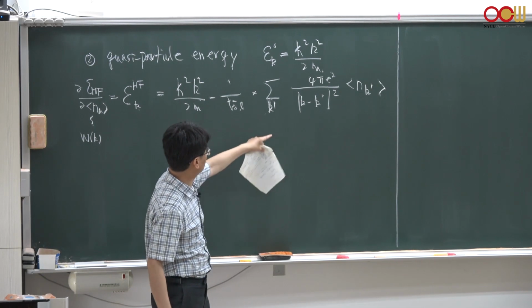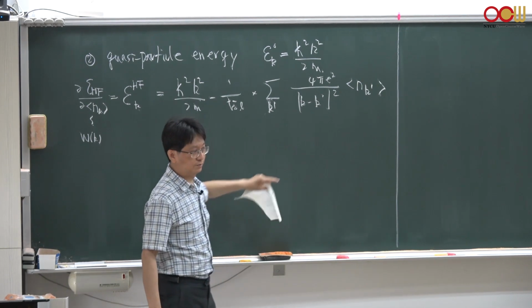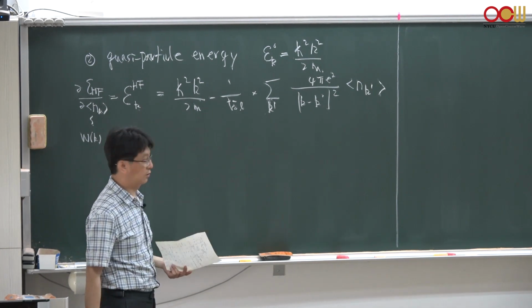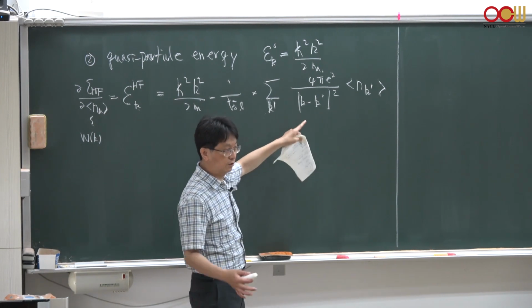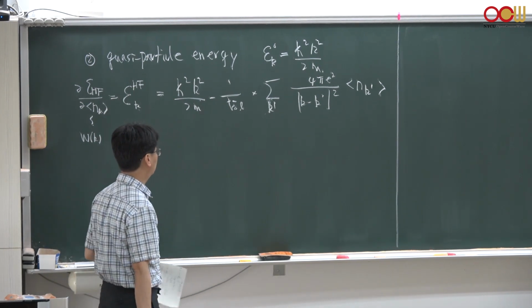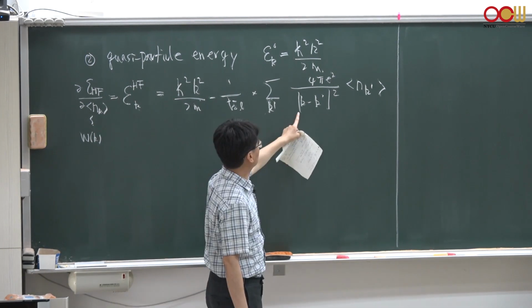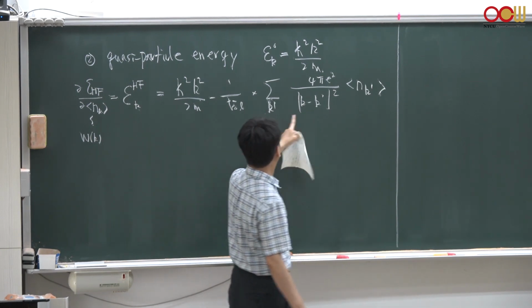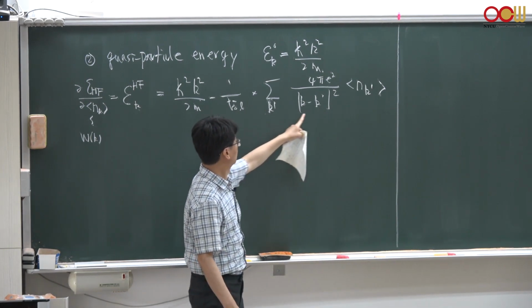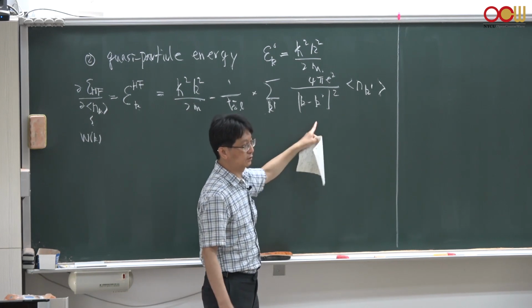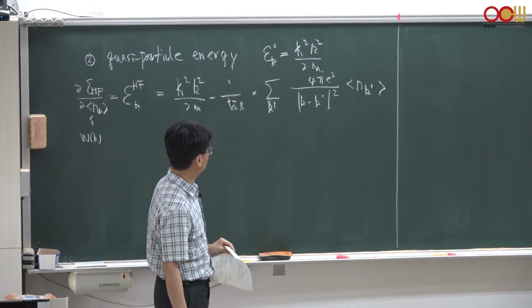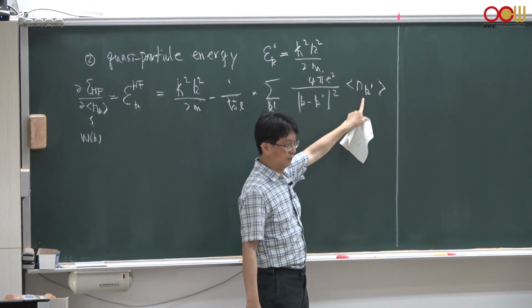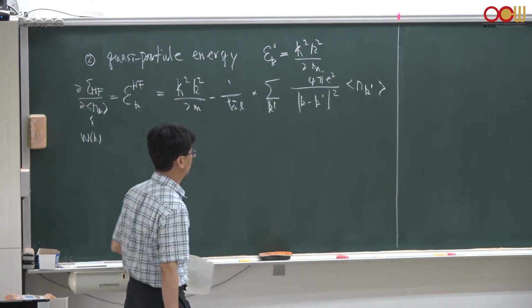As you can guess, because this momentum k prime is very close, and also k is very close, to the Fermi energy at low temperatures, these would contribute to the summation over k prime, because there's a Fermi function here.